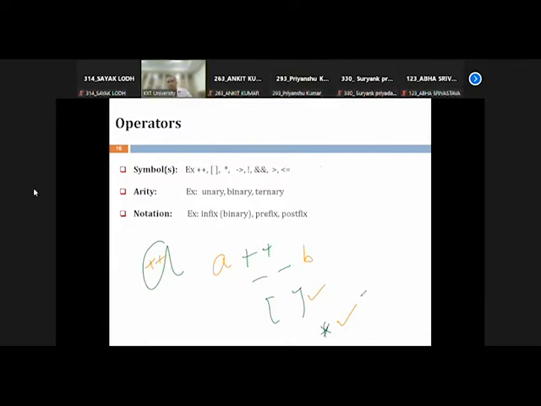We need to know which notation an operator uses. For all binary, I remember, and if it is unary, it can be prefix, postfix, or both.